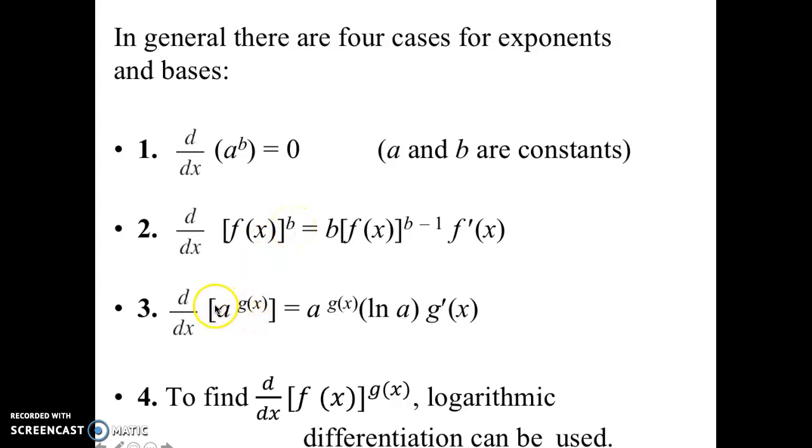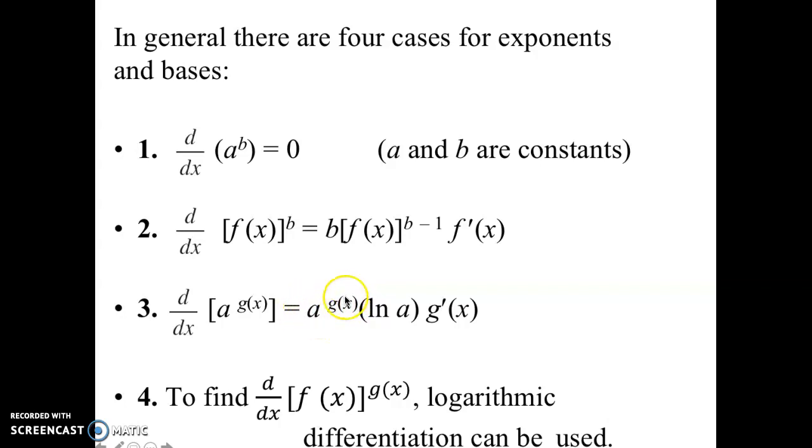Now let's look at a number raised to a function. Well, that would be the exponential rule, because if I have a number like 2 to the x, or 5 to the x, or 5 to the x squared, we would be using the exponential rule. So we have a rule for that. That would be a to the g of x, so it would be using the chain rule.